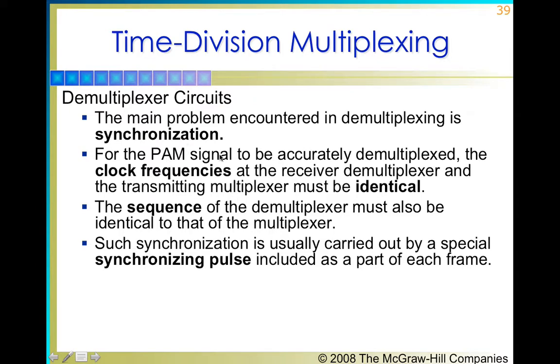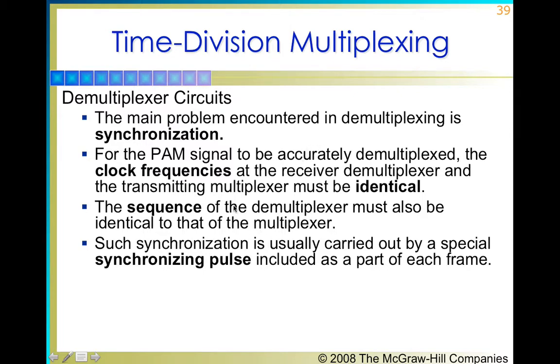And for that purpose the clock frequencies of the transmitter and the receiver have to be accurately matched with each other, and they have to be identical, and there should be no difference between the clock frequencies of the transmitter and receiver.